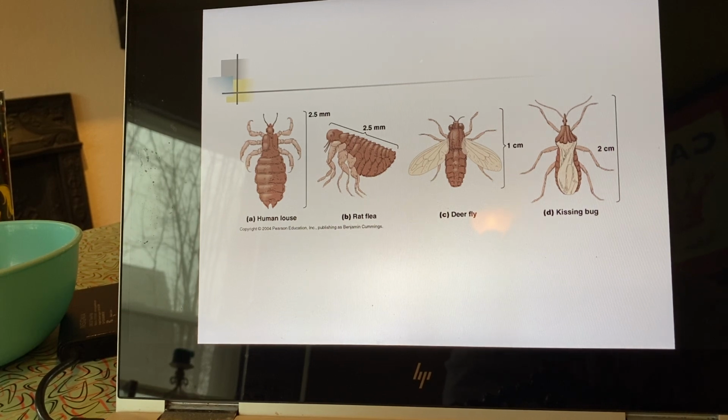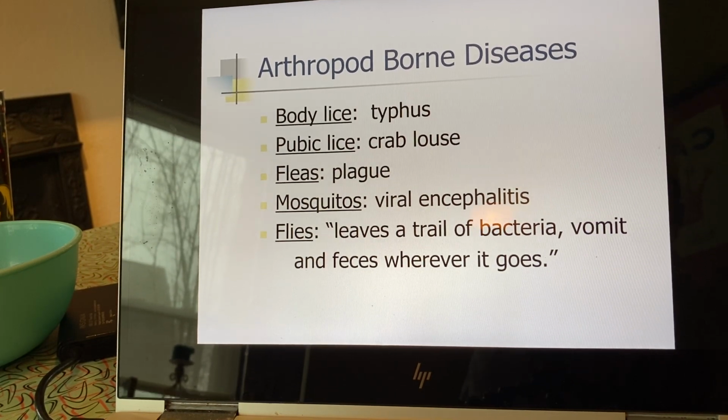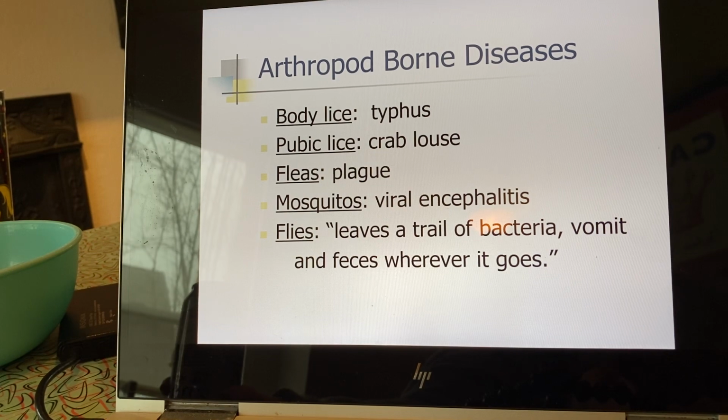Deer flies can carry something called a bot fly, and I'll post a couple of videos about that. So obviously body lice, pubic lice, fleas can carry the plague. Mosquitoes can carry anything. One of the types of vectors that actually don't bite us or crawl around on us are the common domestic housefly. But I love this quote.